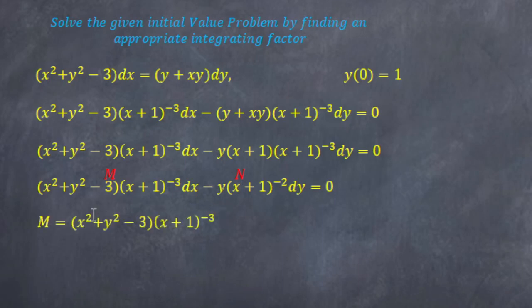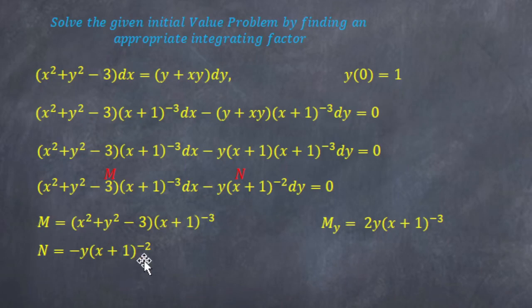Taking the partial derivative of the new M with respect to y, we treat (x plus 1) to the negative 3 as constant, so it's left unchanged, and we take the derivative of the expression with respect to y. That's why we're left with 2y times (x plus 1) to the negative 3. And our new N here is negative y quantity (x plus 1) to the negative 2.